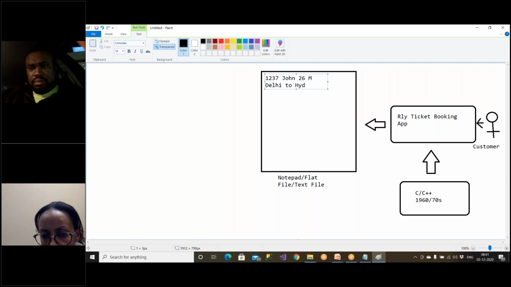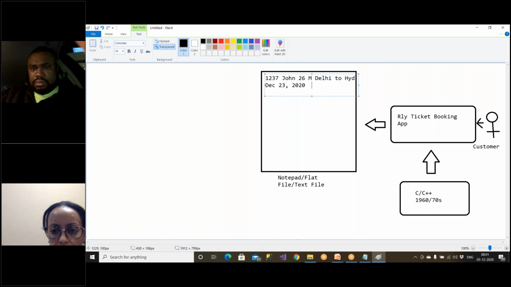You wanted to travel, let us say, on the 23rd of this month, 2020. Clear? And you've been allocated coach number S2 and seat number, let us say, 45. And you paid INR, Indian rupees, let us say, 1,000.